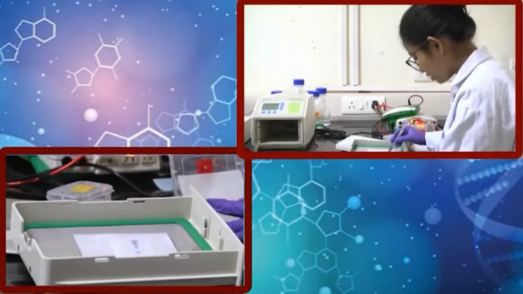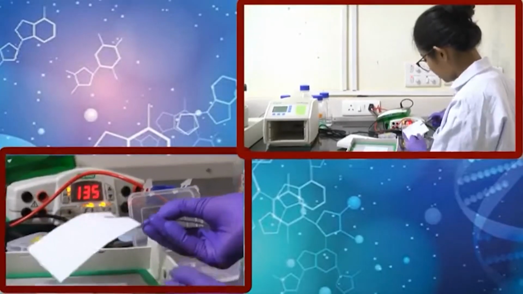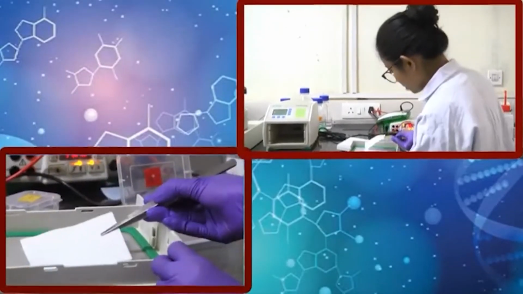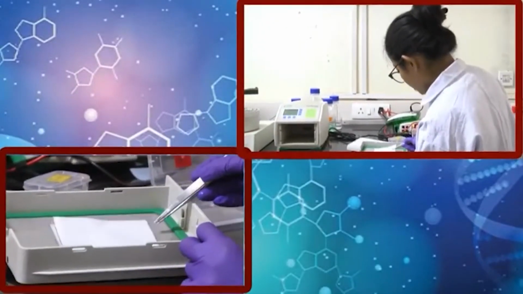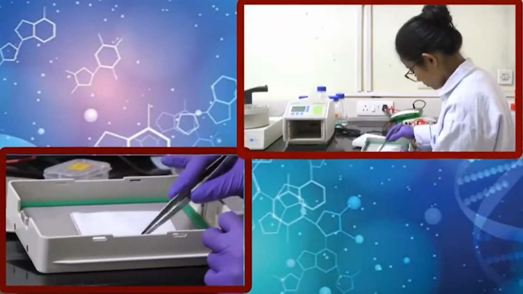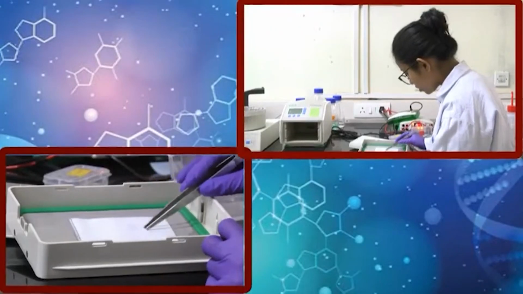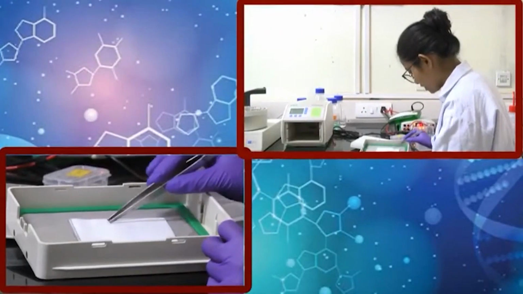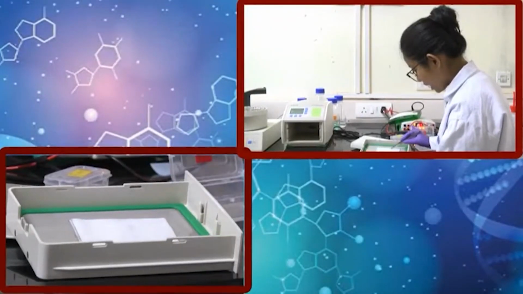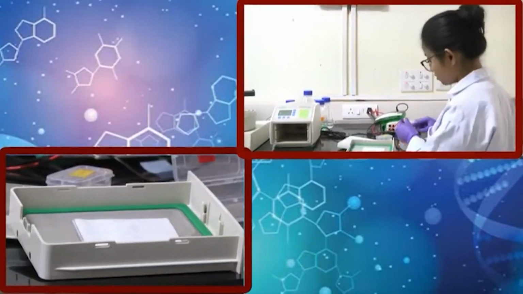After you put the gel, on the top of that again we will put blotting paper. This will make a sandwich. Now, we do not want any kind of bubble between the membrane and the gel, so for that we have a roller.